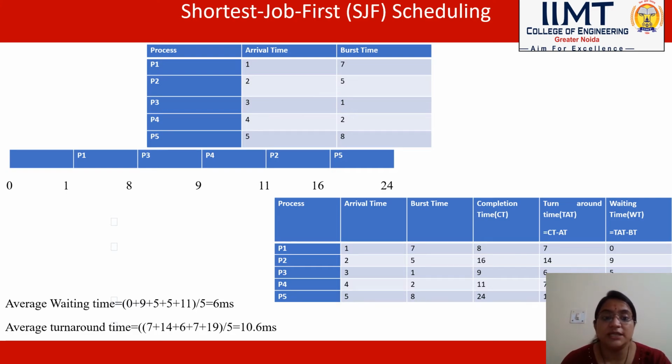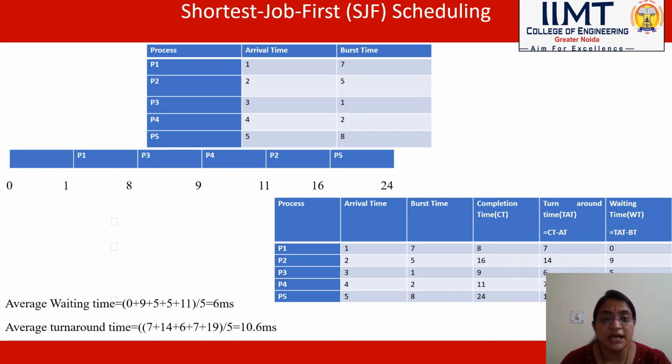So we will allocate CPU to P4, and after the completion of P4, it will terminate and deallocate the resource and allocate it to the next process.